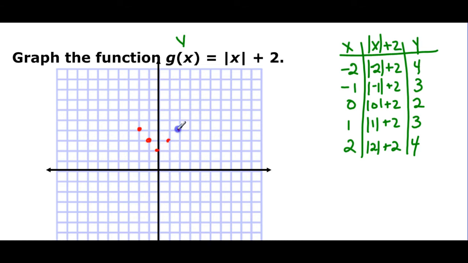And 2, 4. Okay, now again, I got to use whatever I wanted. So I need to connect these and put an arrow on the end. And that shape to me looks like a V. And again, what's different about this equation compared to the other ones?